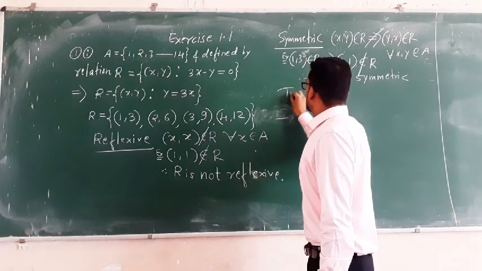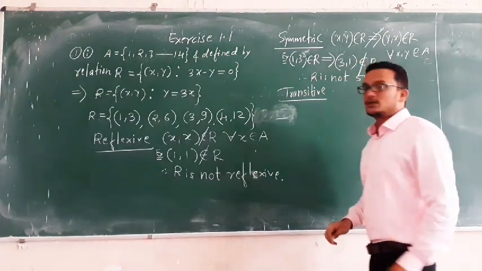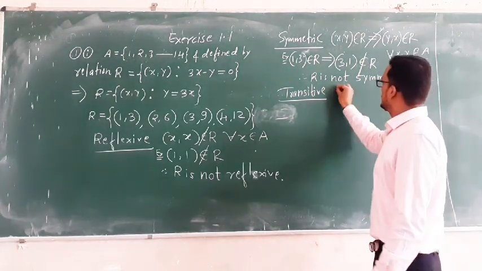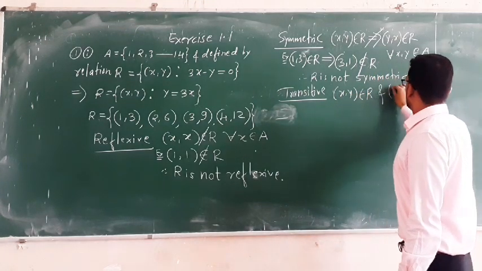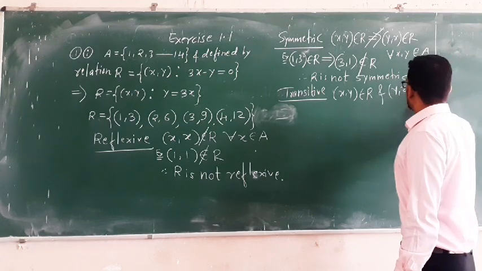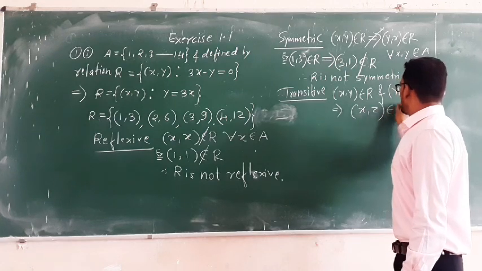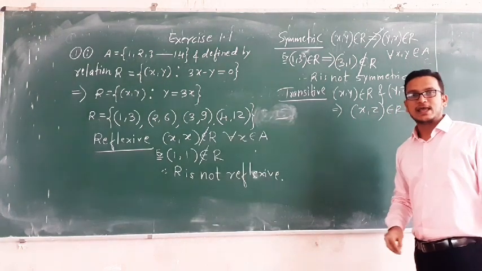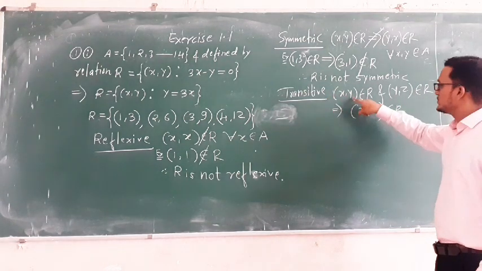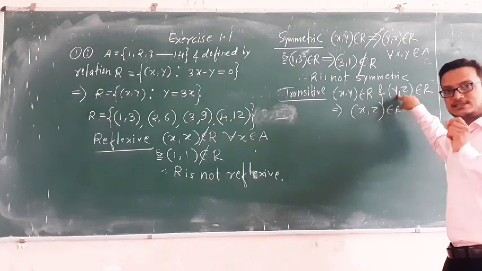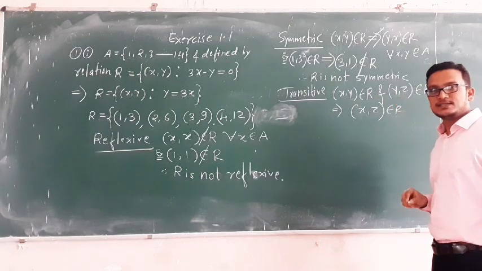Now the third one, that is transitive. So for the transitive relation, what is the definition? (x, y) belongs to R and (y, z) belongs to R implies (x, z) belongs to R. It means that in the transitive relation, you have to choose two ordered pairs in such a way that this y element must be the same.